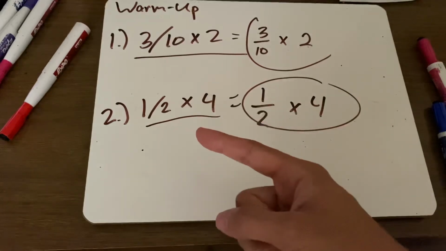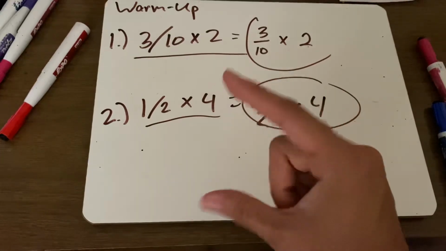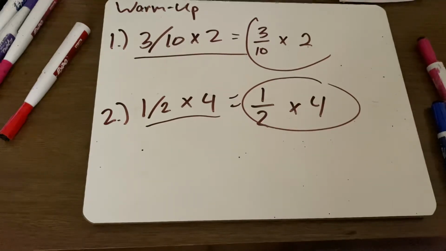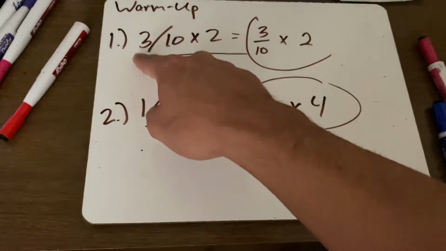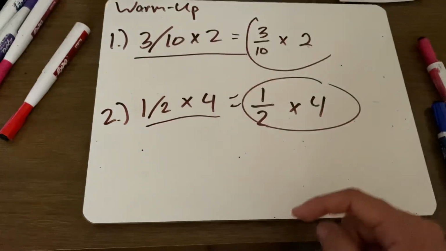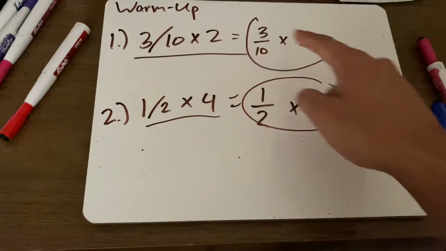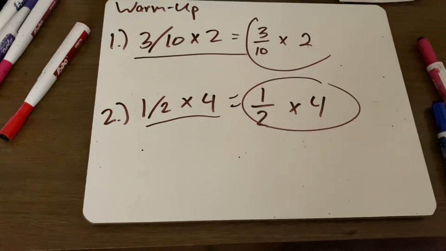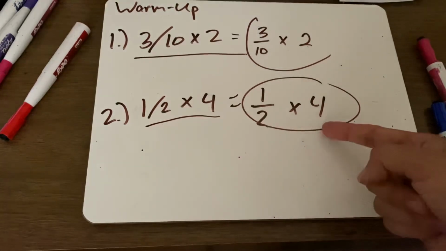Even if you already took it and you think you got a good score, take it again. All right, get an even better score. But again, if you see 3/10 times 2, for example, then this is how you rewrite it as 3 over 10 times 2. All right. And again, another example right here.